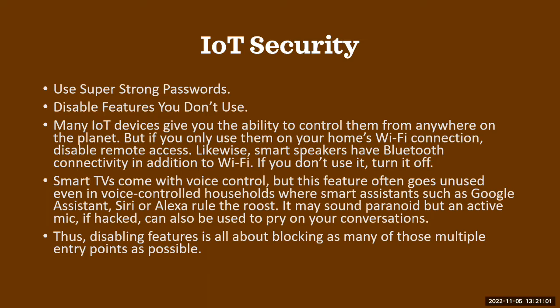Smart TVs come with voice control, but this feature often goes unused, even in voice-controlled households where smart assistants such as Google Assistant, Siri or Alexa rule the roost. It may sound paranoid, but an active mic, if hacked, can also be used to pry on your conversations. Thus, disabling features is all about blocking as many of those multiple entry points as possible.